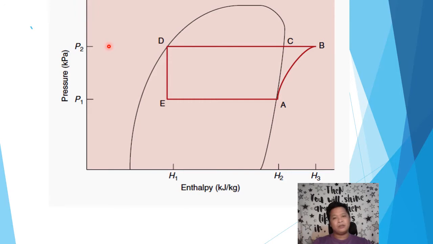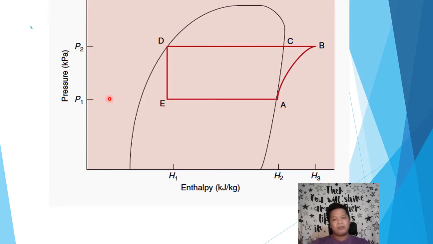So, ayan yung ating curve. So you have, in this case, decrease in temperature, then constant temperature, all the way constant pressure po yung phase na ito. Then habang nag-expansion ka, there's a net drop in pressure, but no change in enthalpy. So walang energy transfer na nagaganap.